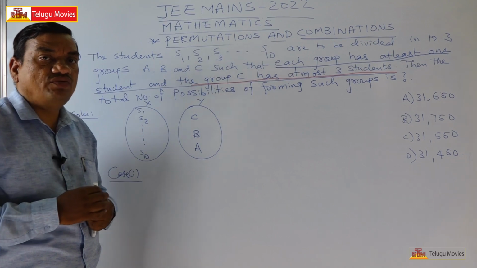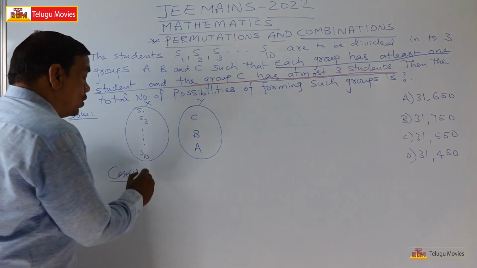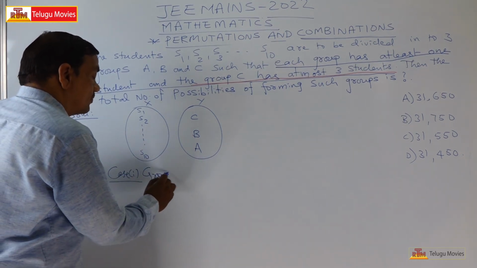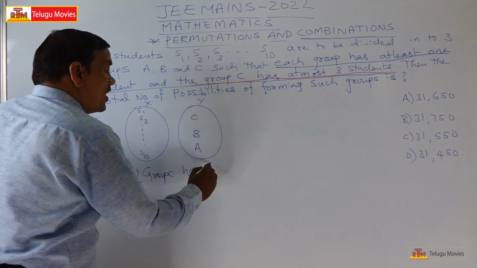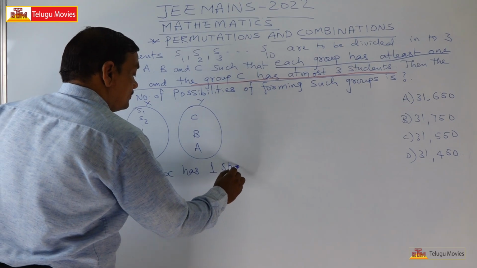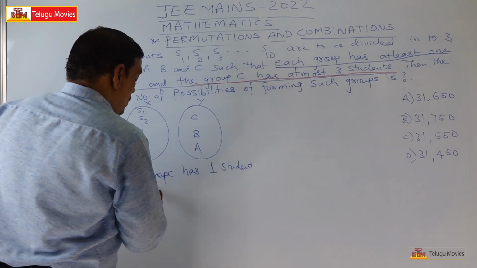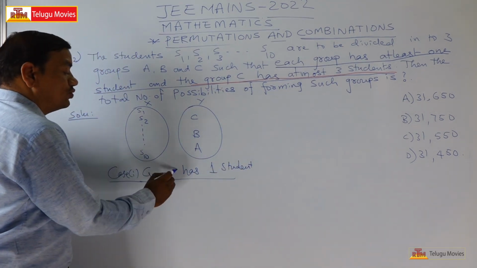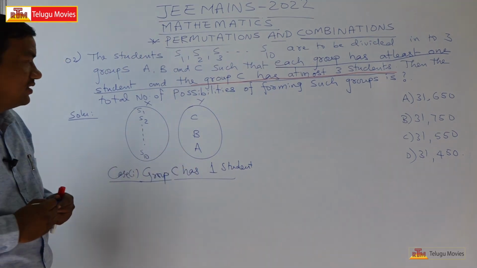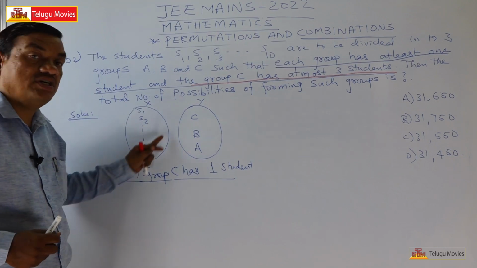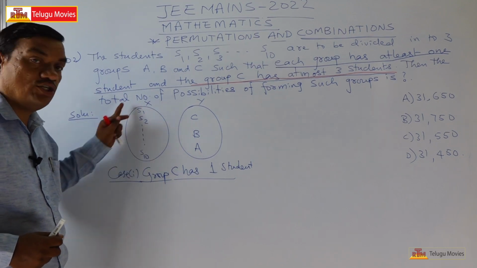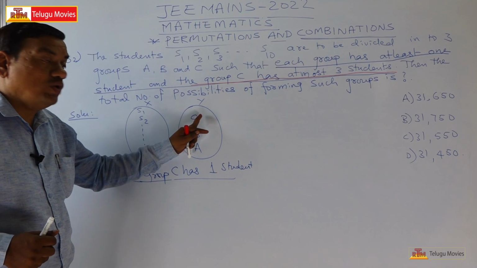So, in the first case, let group C have 1 student. Total number of students here is 10.